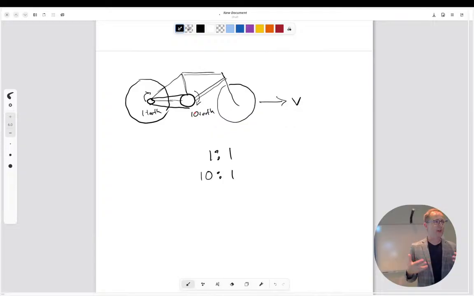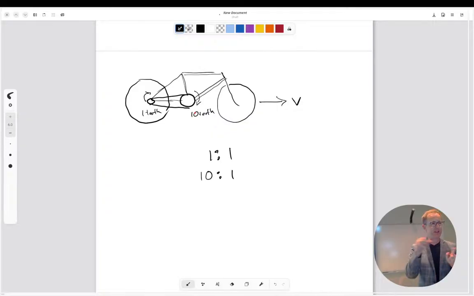We as people can really only do maybe 2 rotations per second. It gets really hard to pedal 5 or 6 times every second, because now your feet are moving so fast, you can't actually put any power down.